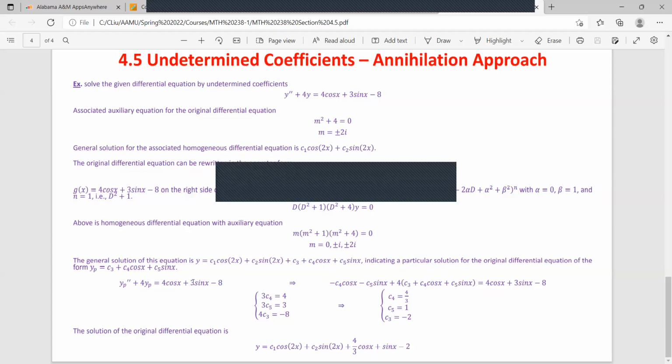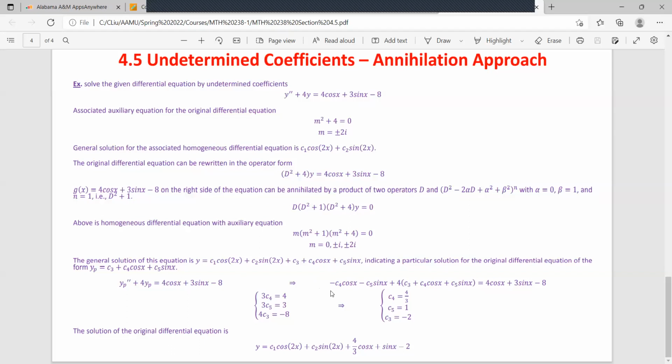So you just take the second derivative. You're going to get negative C4 cosine x minus C5 sine x. Then plus 4 times yp, so 4 C3 plus 4 C4 cosine x plus 4 C5 sine x.